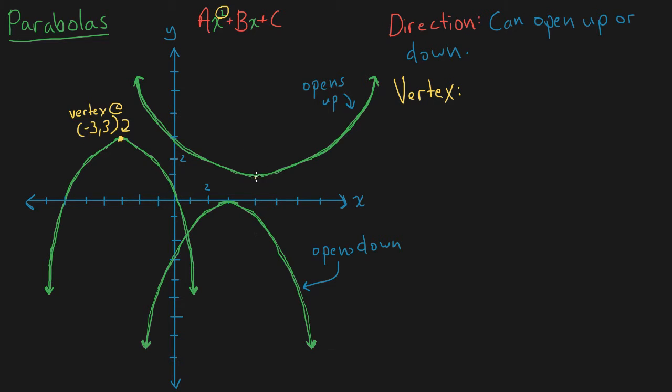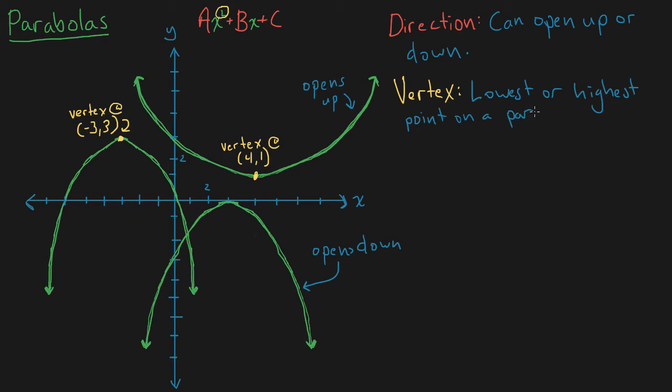Looking at this example right here, we have a vertex at 4, 1. This was a maximum point on this parabola, but on this parabola, the vertex is obviously the minimum point, the lowest y value that we can have. So a vertex is the lowest or highest point on a parabola.